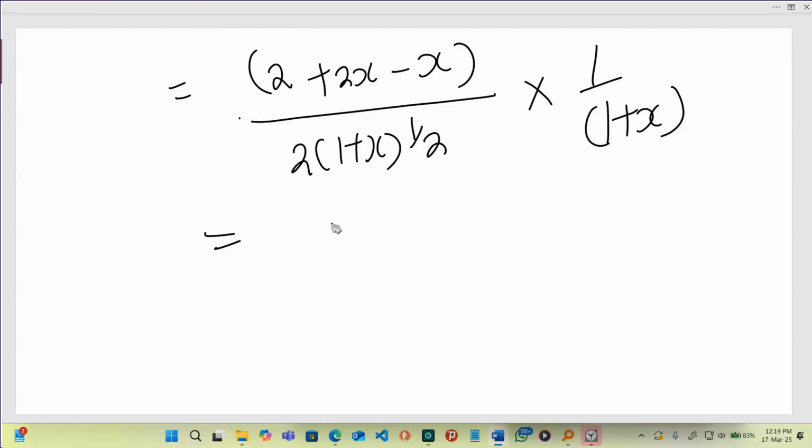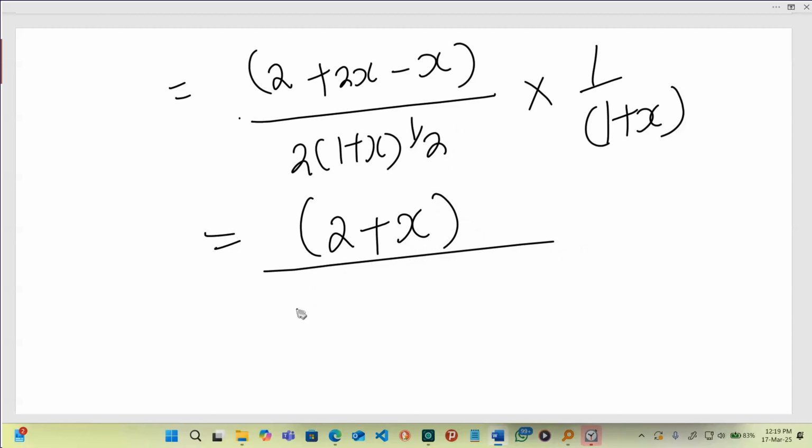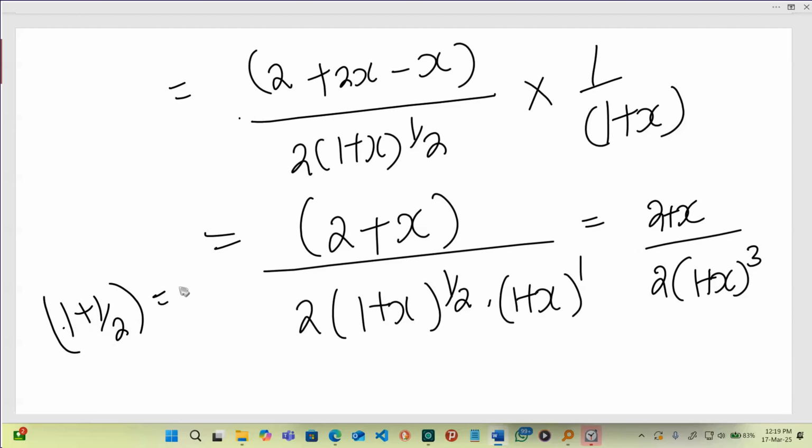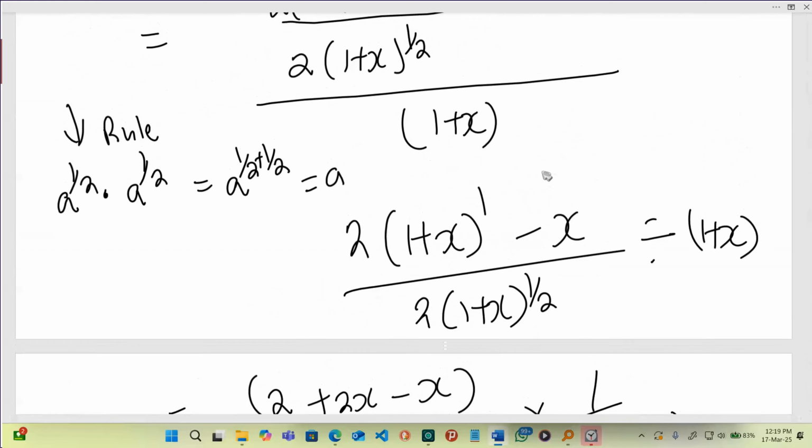So this becomes (2 + x), everything divided by 2 into (1 + x) raised to a power a half, then times (1 + x) raised to a power 1. And this becomes (2 + x) out of 2 into (1 + x) raised to power 3 out of 2, because this is going to be 1 plus a half, which becomes 3 out of 2. So I'll have 3 out of 2. And that is the simplification for this.